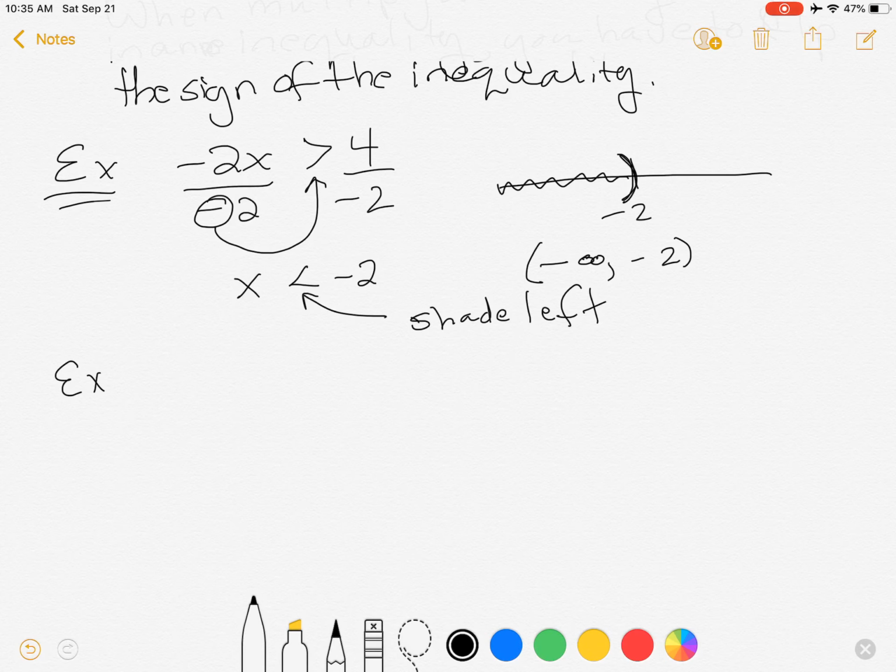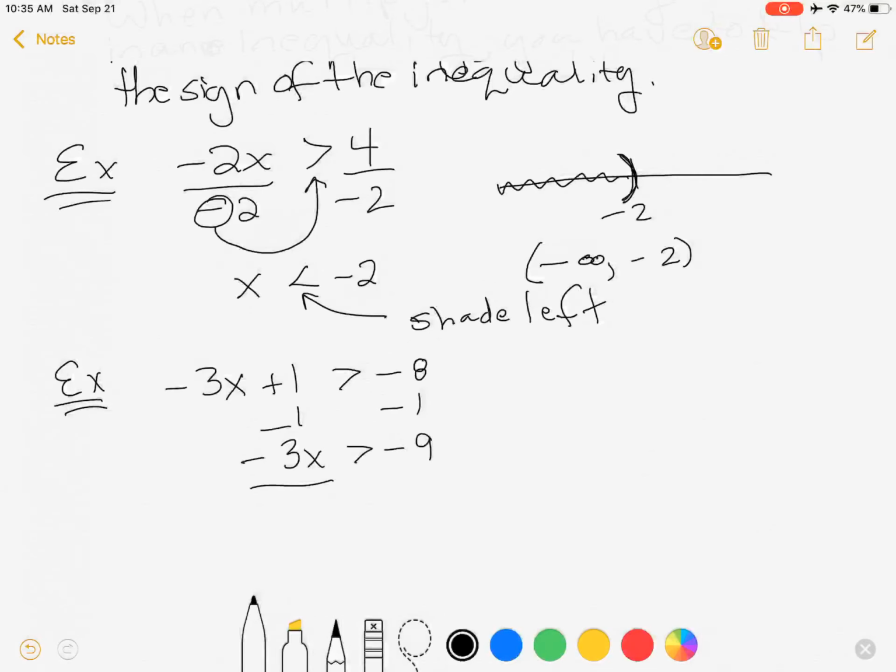Let's do another one. Alright, what if I've got negative 3x plus 1 greater than negative 8? Alright, so to solve this inequality, you would subtract 1. So you would have negative 3x greater than negative 9. Let's divide both sides by negative 3.